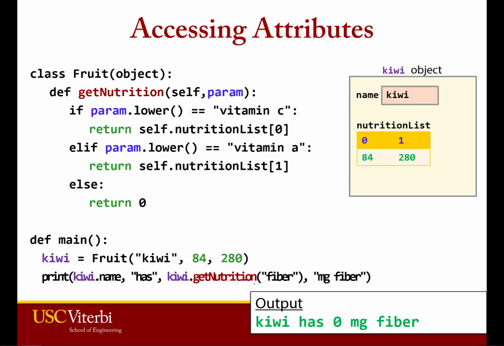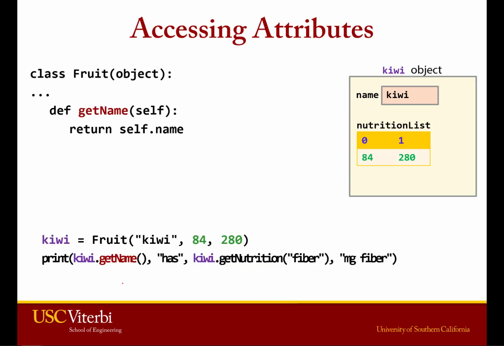Kiwi.name is fine, but we could make them all get methods. I'm going to make a method getName, and all it's going to do is just return the name, and you say kiwi.getName. This one may not be as useful, but it does clean up our code and makes it easier for us to navigate, always using methods and not having to access the attributes directly.